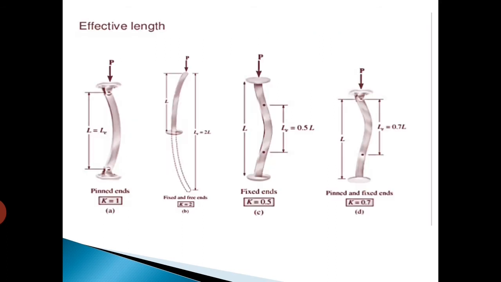See the diagrams of column end condition and how to calculate the effective length when the radius of gyration is here.